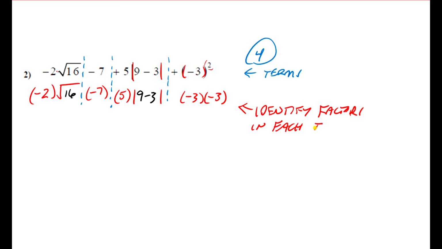And the way I write this, I use parentheses or the factor operator to signify that. So again, everything is in red, dealing with factors, and then the terms separated with blue. So again, we're just practicing how to identify factors.